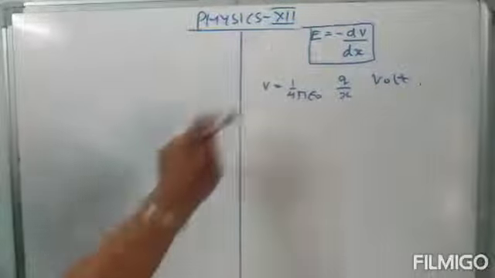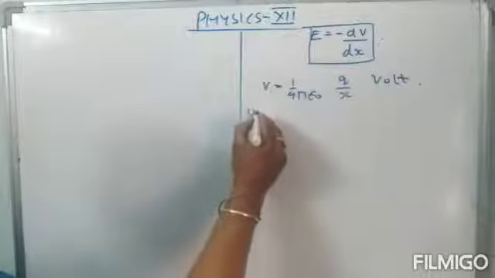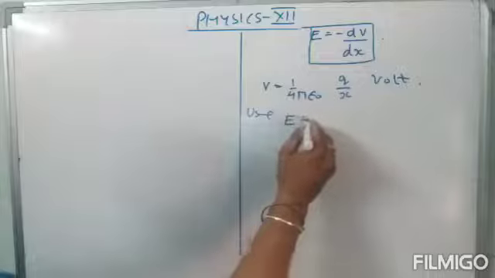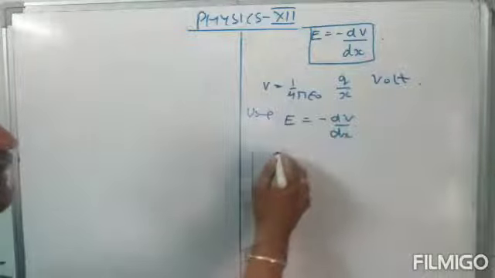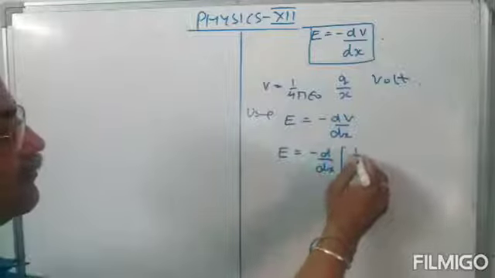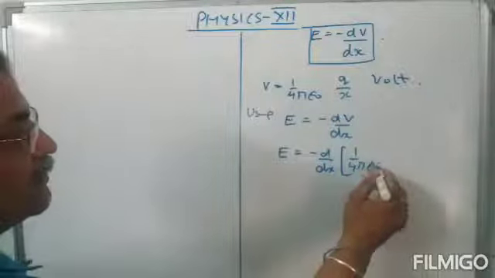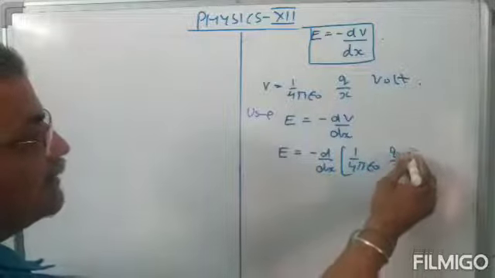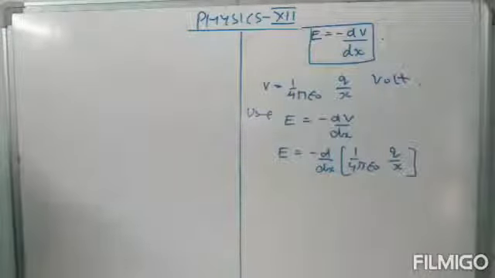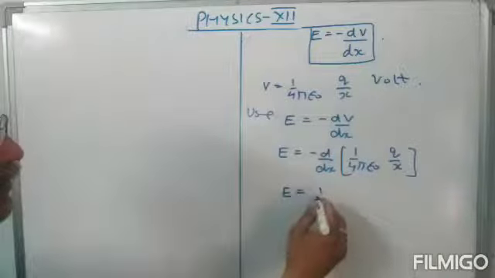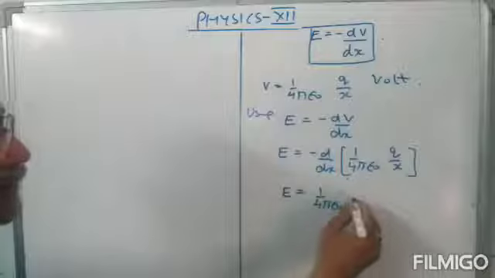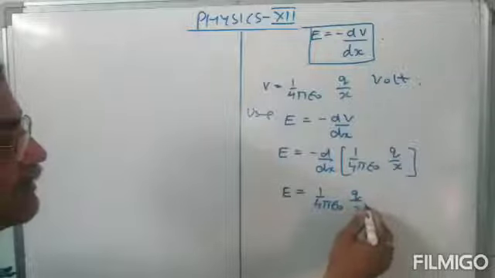If I apply this relation using E is equal to minus dV upon dx, we'll get E is equal to minus d upon dx within bracket 1 upon 4 pi epsilon naught, q upon x. So when you differentiate this, you'll get E is equal to 1 upon 4 pi epsilon naught, q upon x square.